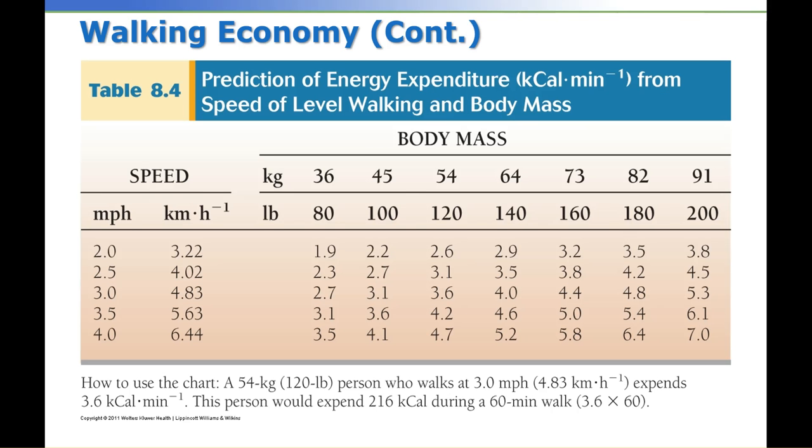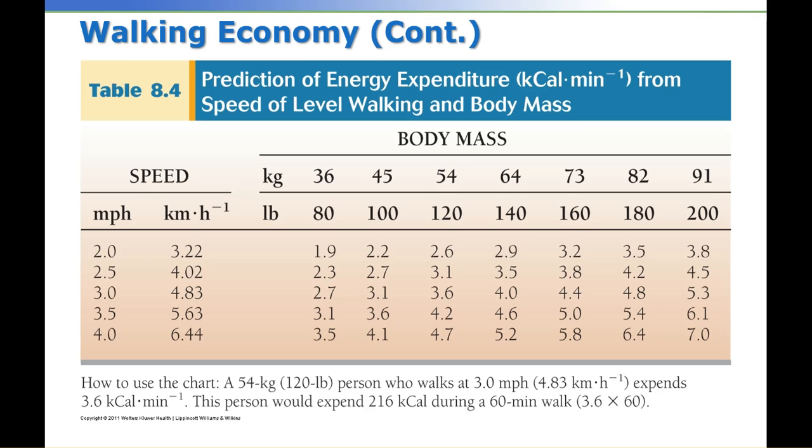Prediction of energy expenditure, kilocalories per minute, from speed of level walking and body mass. It talks about speed here. It talks about the body mass in pounds. It's talking about how much energy is expended relative to the body mass, in miles per hour.